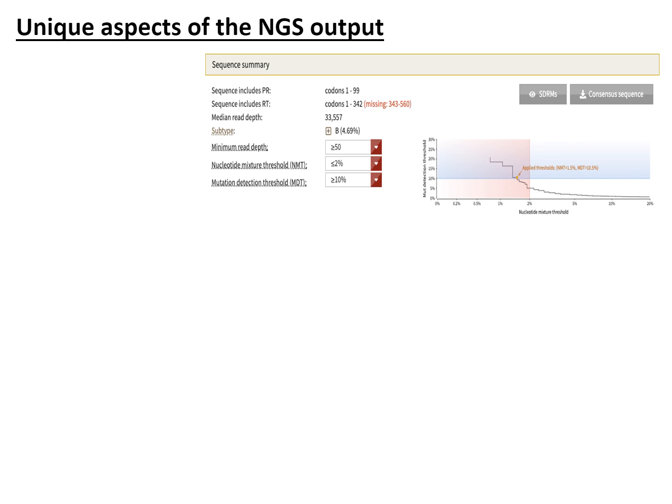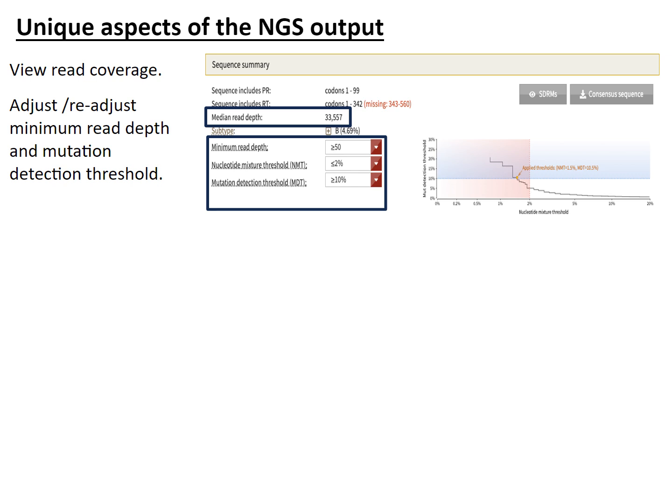This slide shows those aspects of the output that are unique to the analysis of NGS files. The median read depth is shown, and those parts of the sequence that have fewer reads than the minimum read depth are also indicated, although I'm not showing those warnings on this slide.